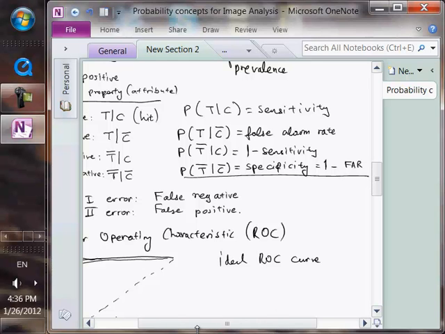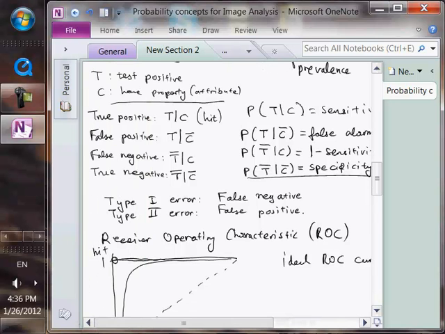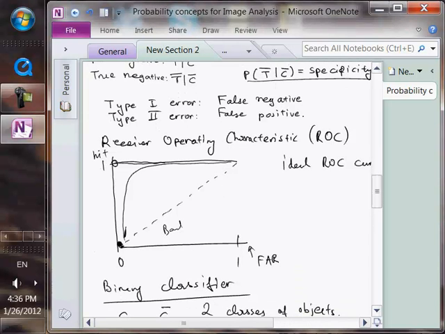And an important concept, and you understand why it's important, is the so-called receiver operating characteristic, which is essentially a plot, a curve, that can be derived if on the horizontal axis we put the false alarm rate, and for each given false alarm rate, we calculate the sensitivity of the system.